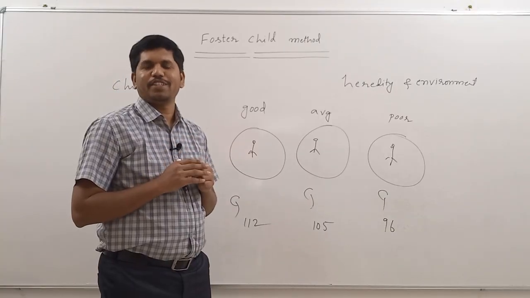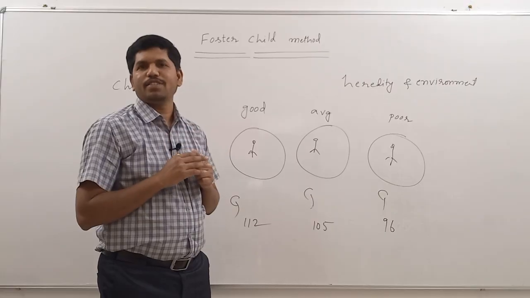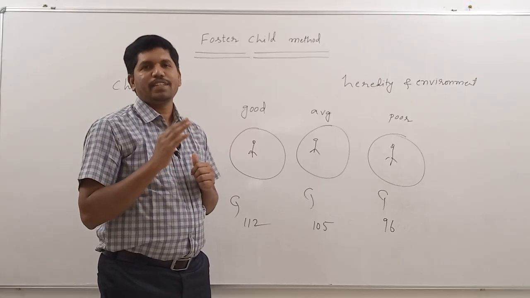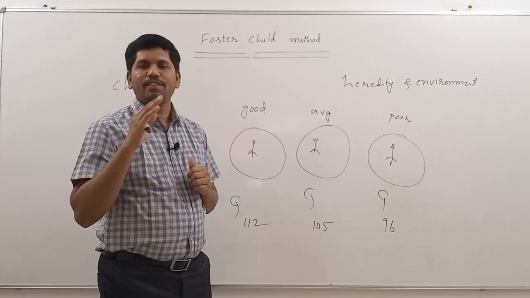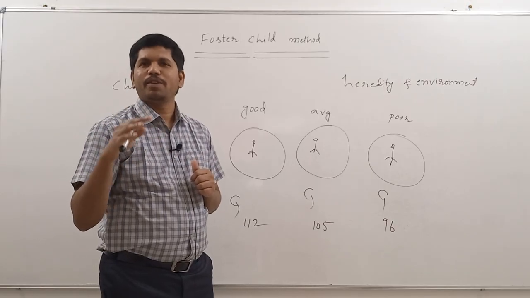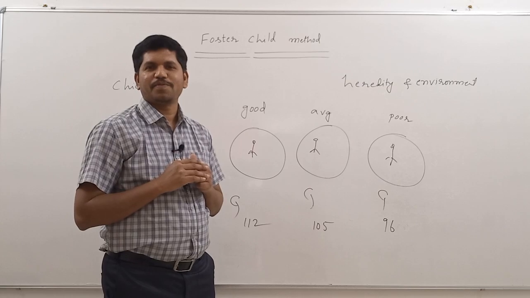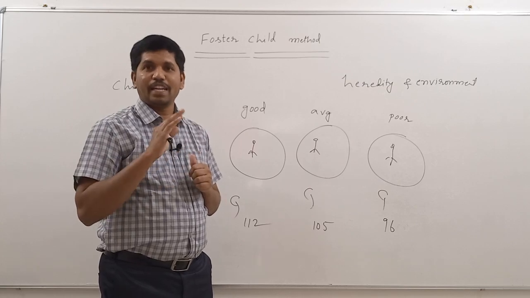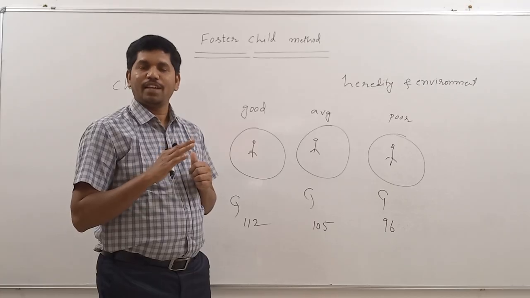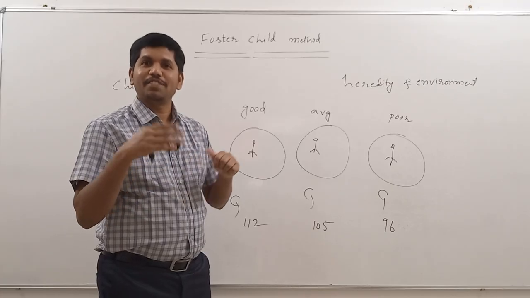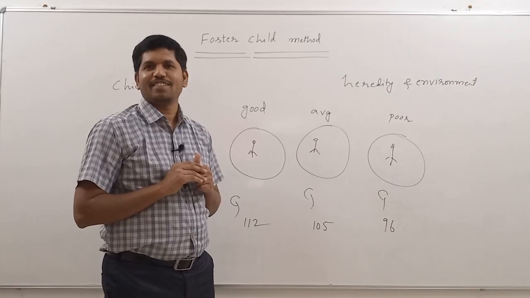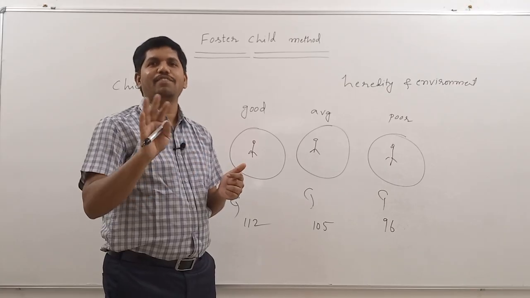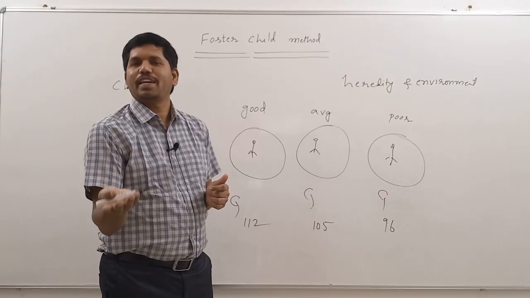Now, answer my question. By using this foster child method, we can say whether the environment has a role or not in the development of a particular character. Okay, you can tell whether environment has a role in the development of a particular character or not.